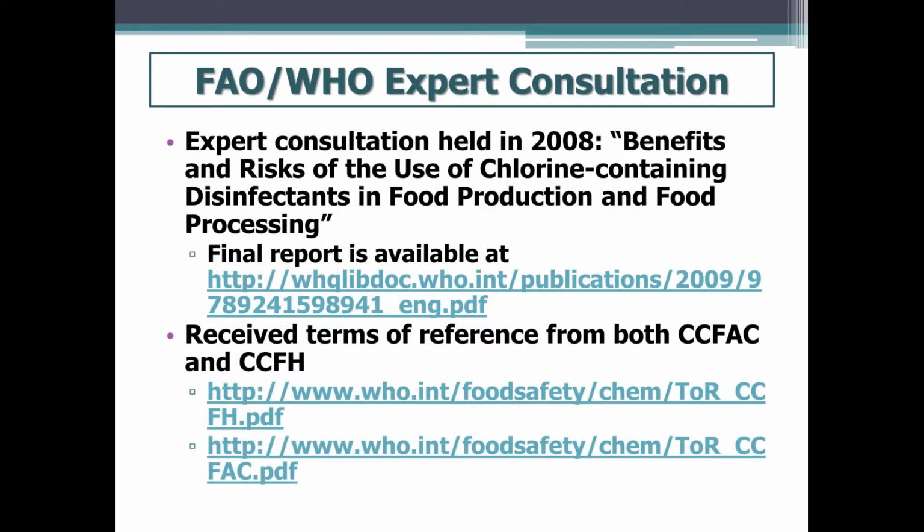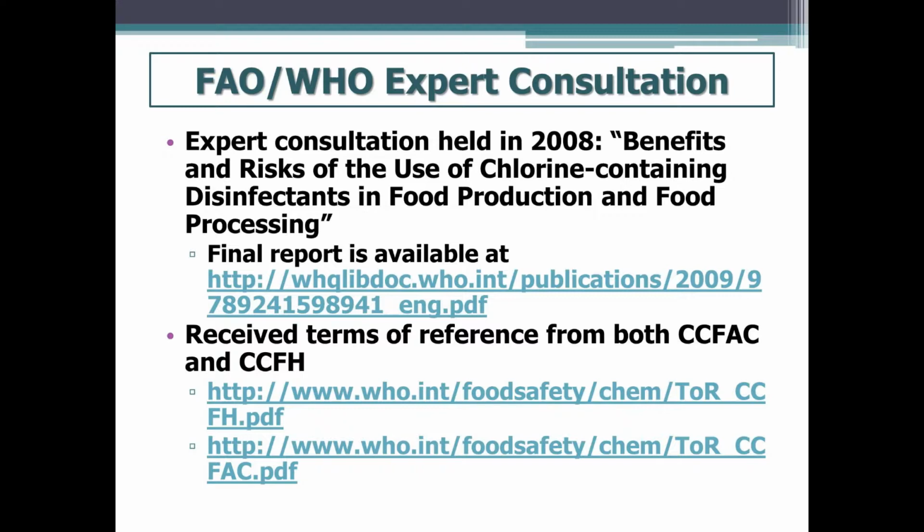So anyway, there was. And FAO and WHO brought together experts from around the world. They did what they called a benefits and risk evaluation on the use of chlorine-containing compounds. This is where the report is available, and it can be downloaded. Also, it's important to read, before you read the report, the two charges from the different committees that were given to them on what they should be doing.